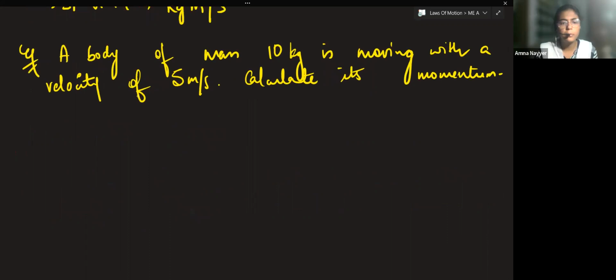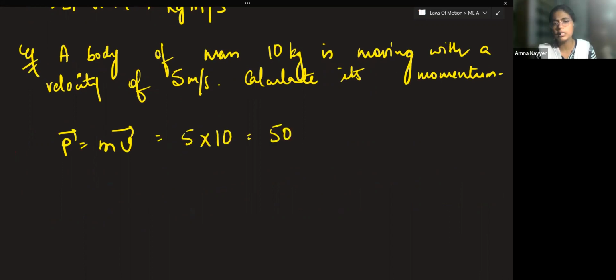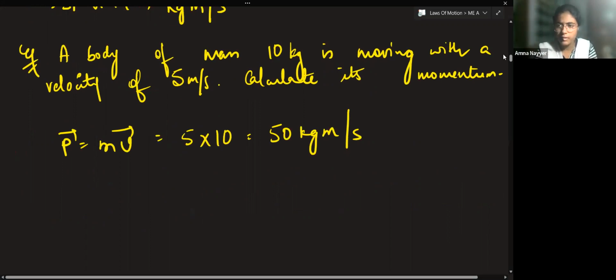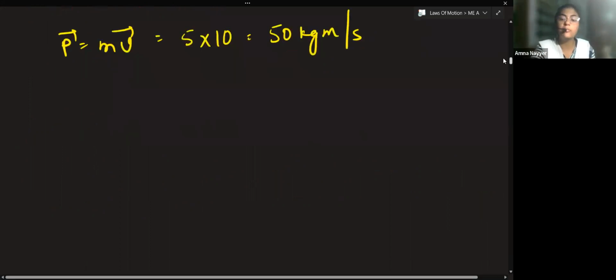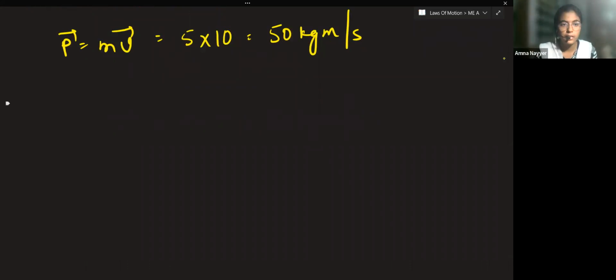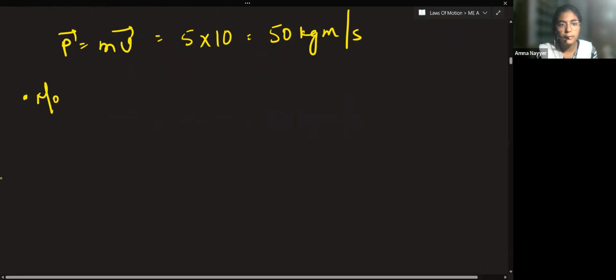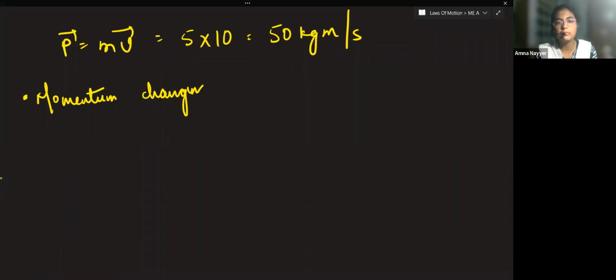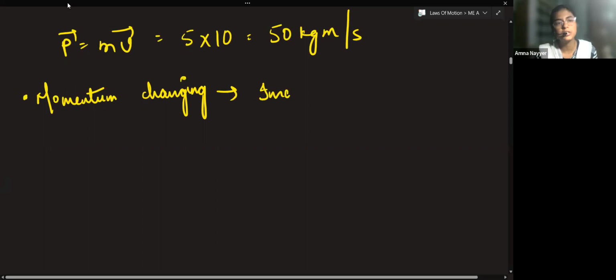Momentum is mass multiplied by velocity: 5 into 10, that is 50 kg meter per second. Easiest question possible. And remember this fact also: if the momentum of a body is changing, it means inertia is changing.